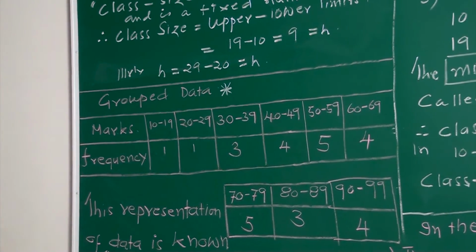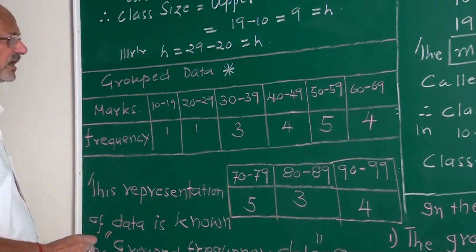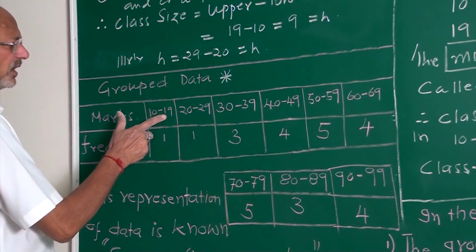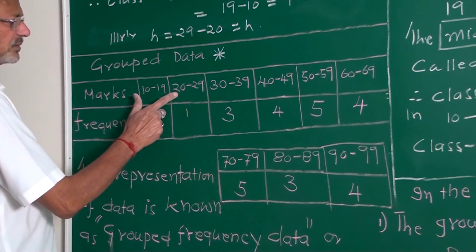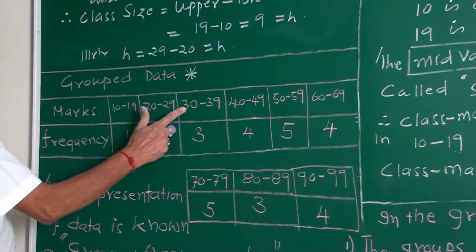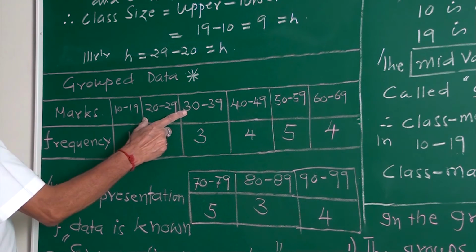In this again, there are two types, my friends. In grouped data, two types. In one, the upper limit of the first interval is not the same as the lower limit of the next interval.